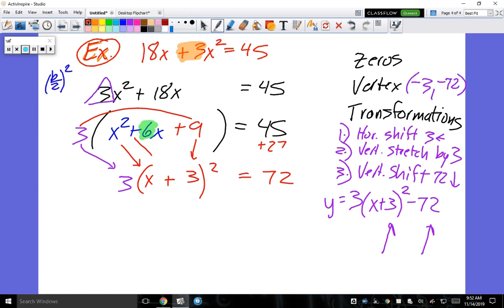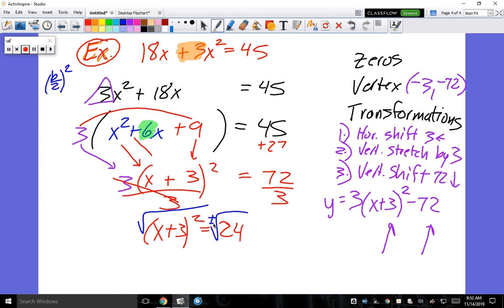The zeros, when I divide by 3, that cancels to 1. It's going to be what? 24? Right? So now I'm going to square root both sides, which should give me a plus or minus square root of 24. Real quick, 24 is what? 4 and 6.